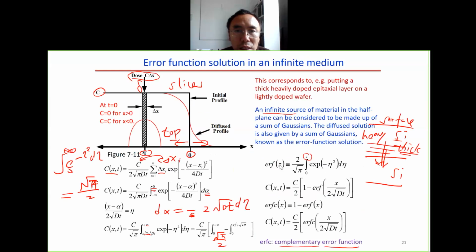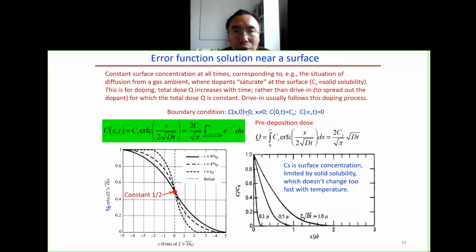The number is given by the dopant saturated at the surface, so it is given by the solubility. This one is for the doping process. The total dose Q increases with time, as we saw before. For the drive-in, we know that the total dose is constant. It just redistributes the dopant profile.